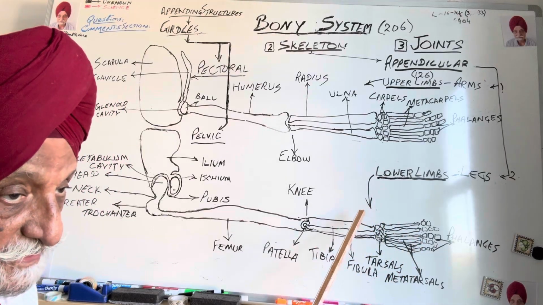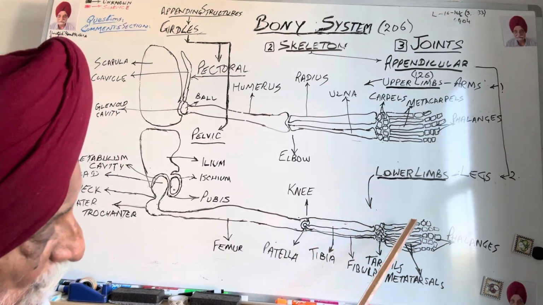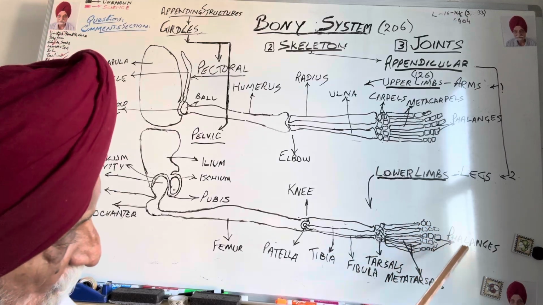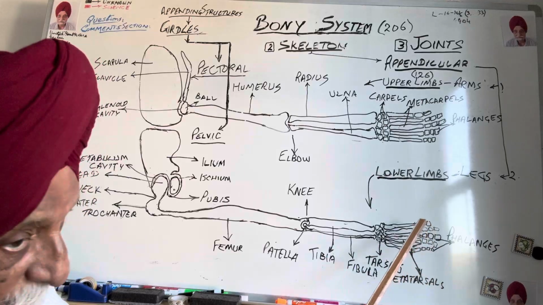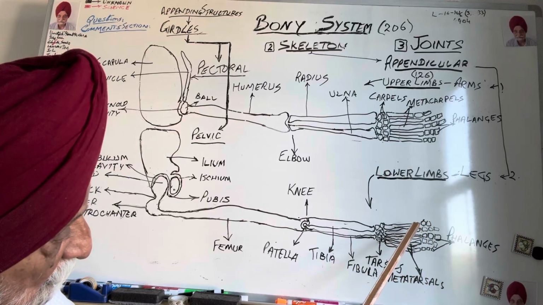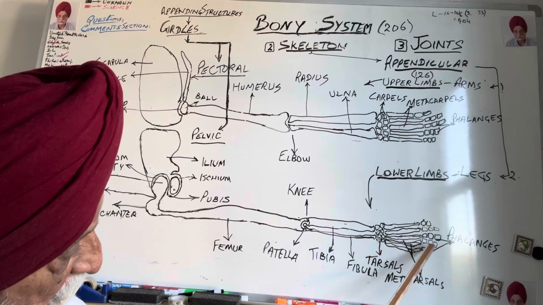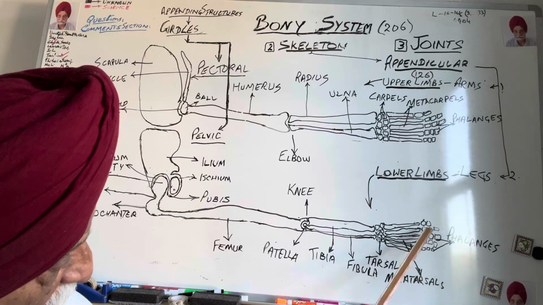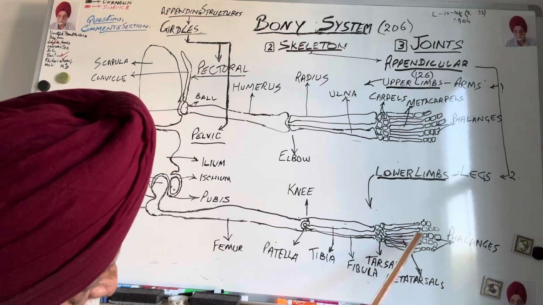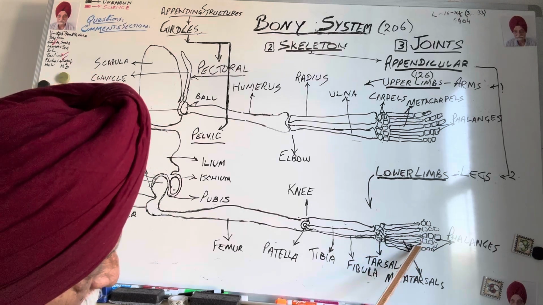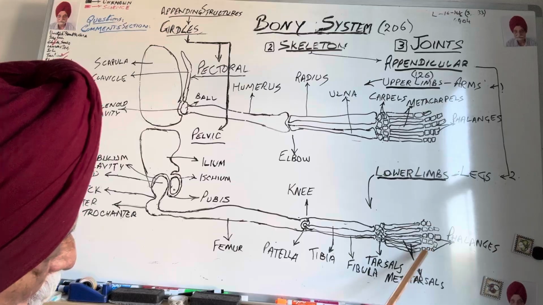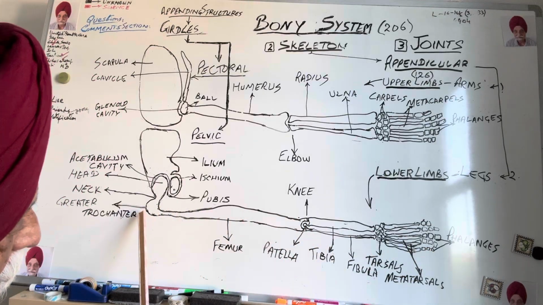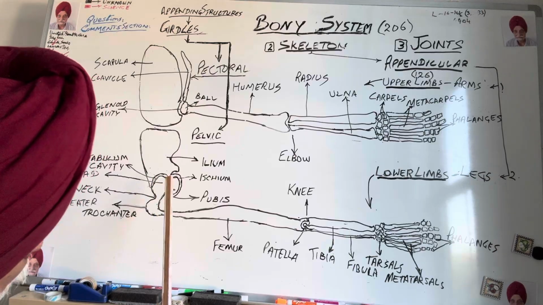And these metatarsals then join the bones of the toes called the phalanges. There are 2 phalanges in the big toe and 3 phalanges in each other toe of the foot, thus making the 14 phalanges of the toes. These are the bones of the lower limb, I mean the leg.